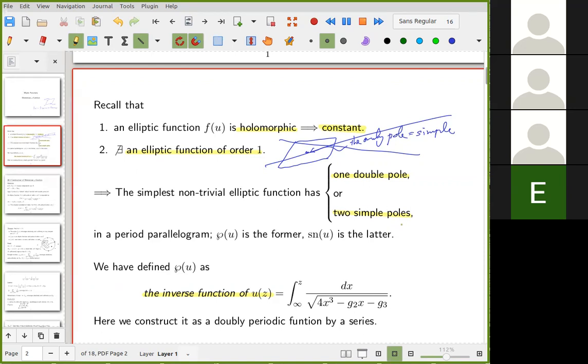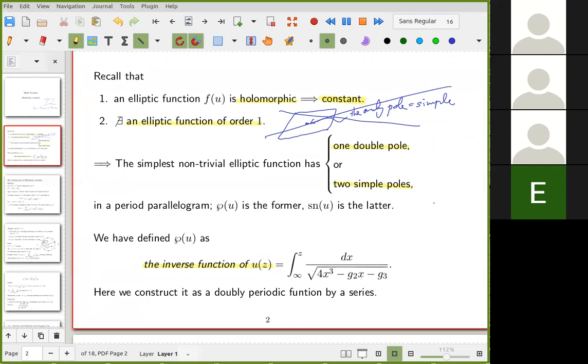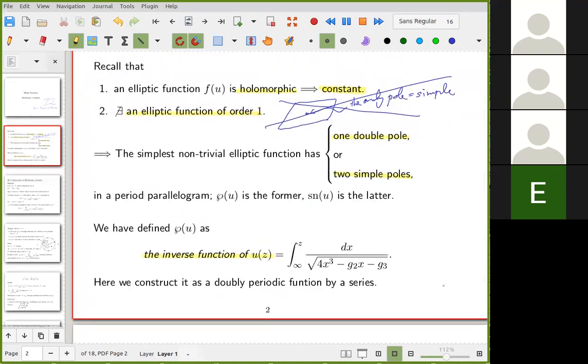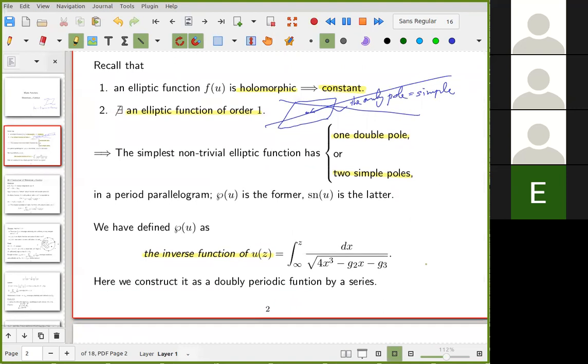We shall see it well in 3 weeks, I think. Okay, so today we construct this P function, the Weierstrass P function, by a series.